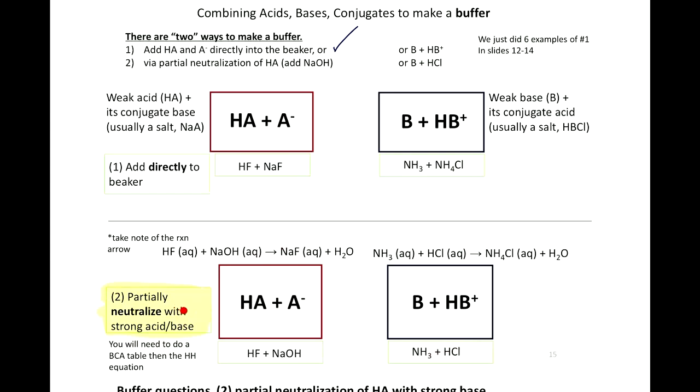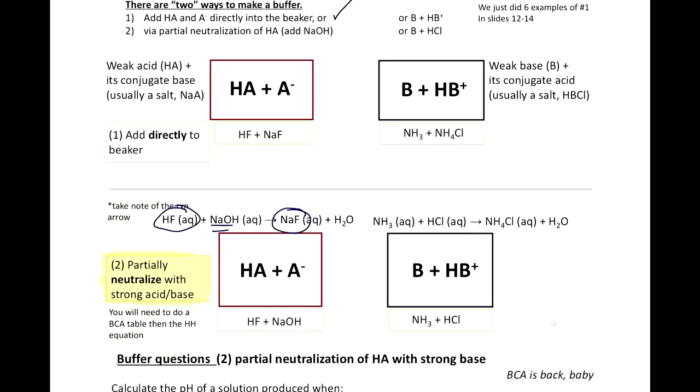The next part is we're going to look at examples where we partially neutralize something with a strong acid or base. If we start with HF, add sodium hydroxide, we will make NaF, its conjugate base, in that container. And those two amounts allow us to use the Henderson-Hasselbalch equation. It's just a little bit more complicated because we have to do a BCA table first. All right, so I'll show you what I mean.